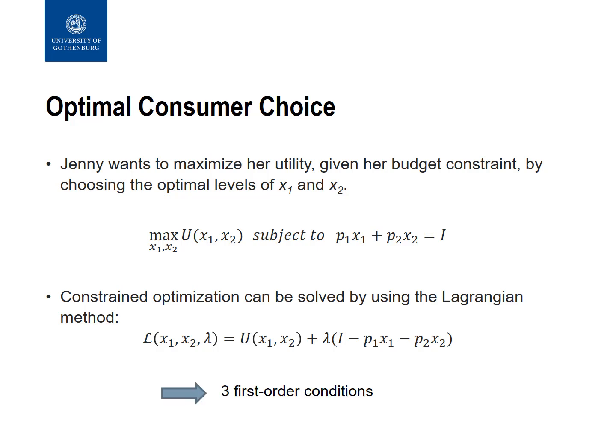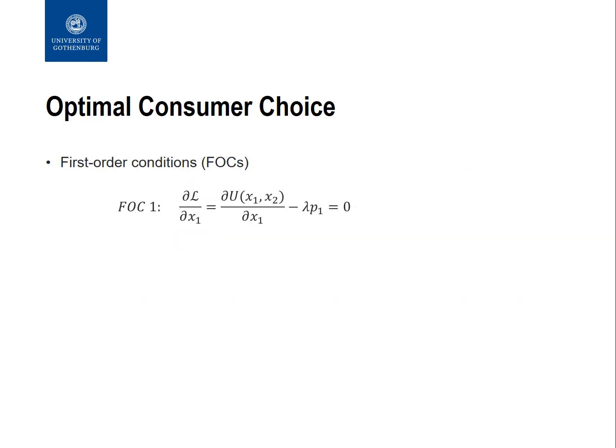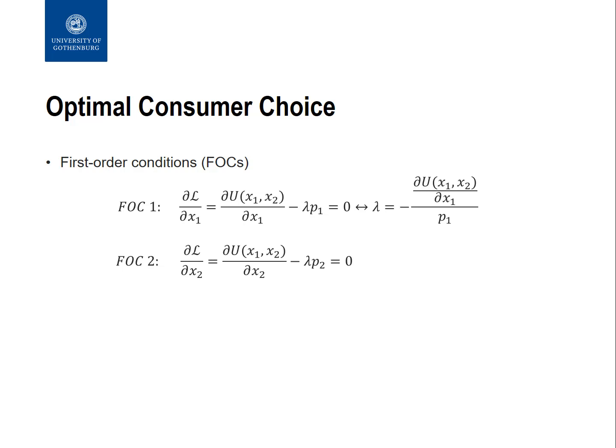If we now differentiate with respect to x1, x2, and lambda, we obtain 3 first-order conditions. The first condition relates to the differentiation relative to x1, and it can be rearranged. The second condition, relative to x2, can also be rearranged in order to equalize the two lambdas.